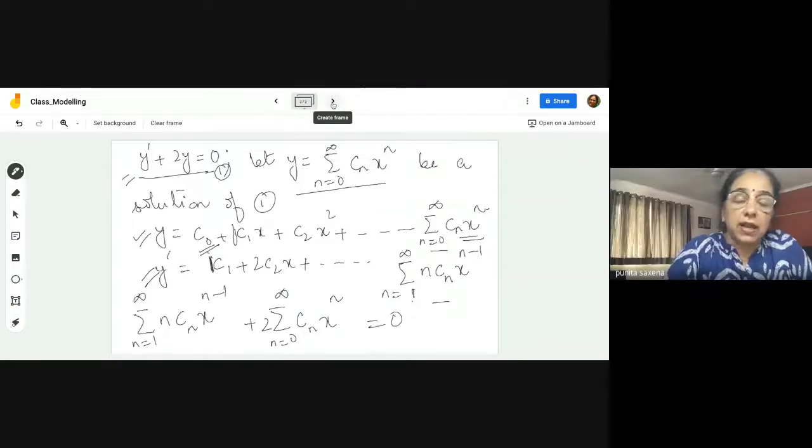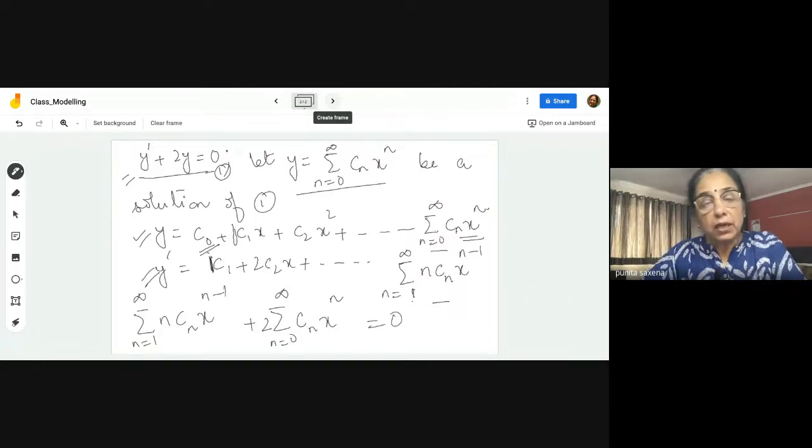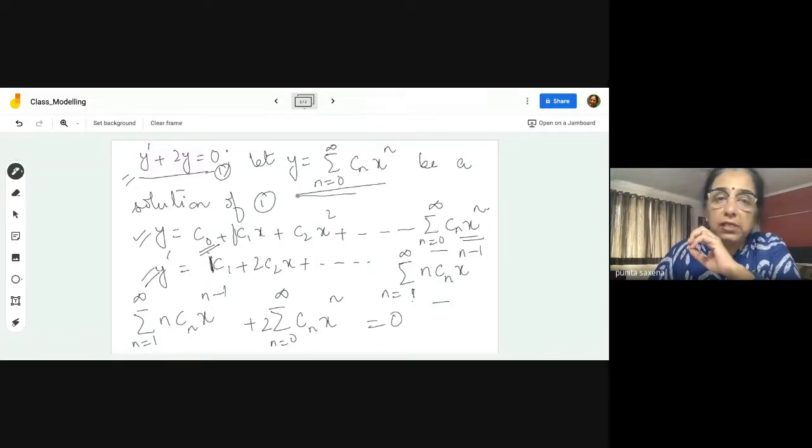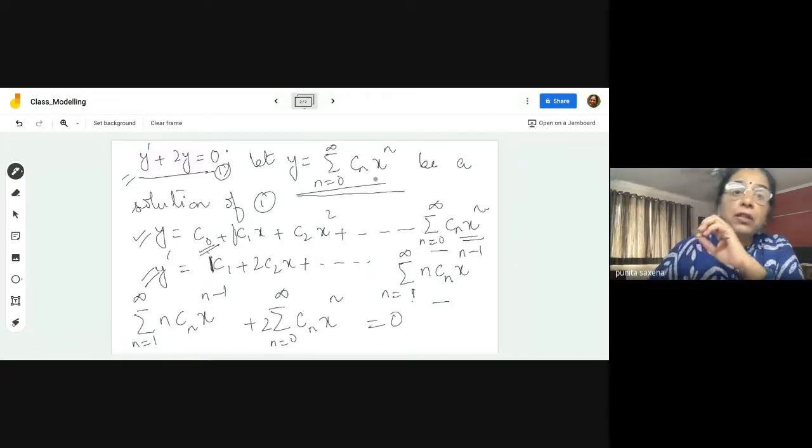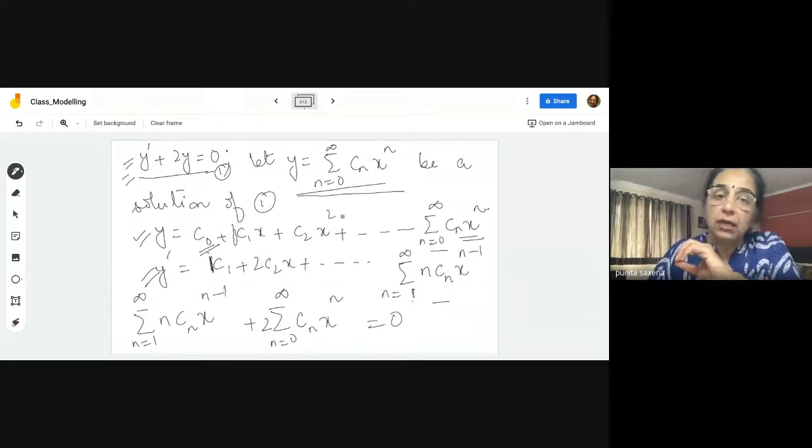Because they must satisfy it. When we are talking of finding a power series solution, that means starting with a general solution for this particular differential equation, we are going to find how these coefficients behave, because depending upon the coefficients, we are going to get a solution. So when I'm finding a solution, I'm starting with a generalized solution.